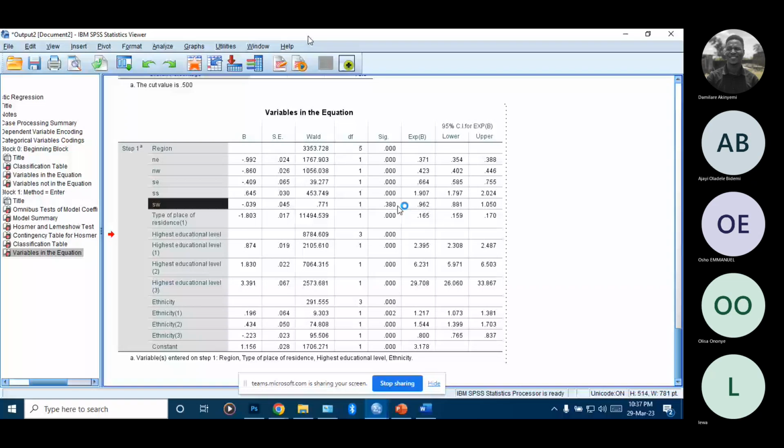But however, it can also be done. So that is just how we use our odds ratio for interpretation in binary logistic regression. Any questions so far on the interpretation parts? Let's entertain questions.